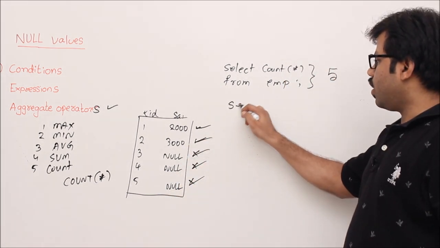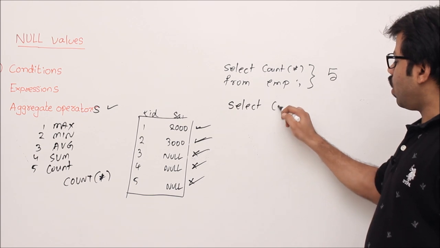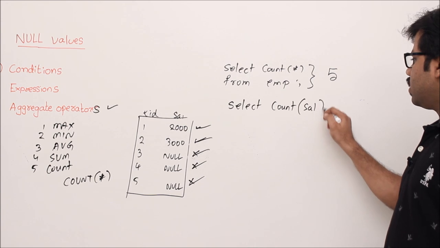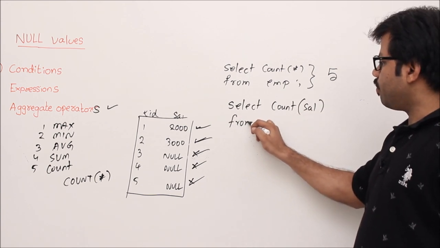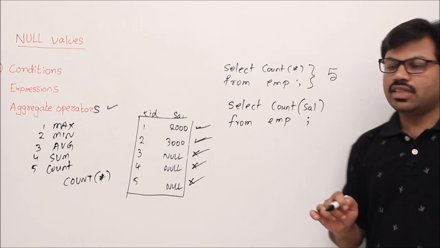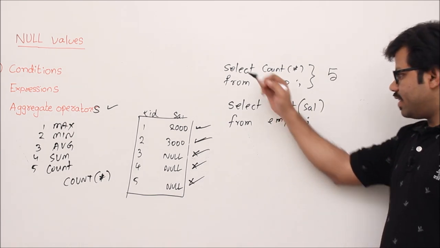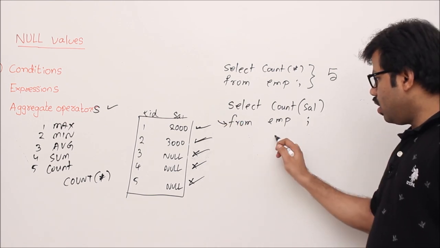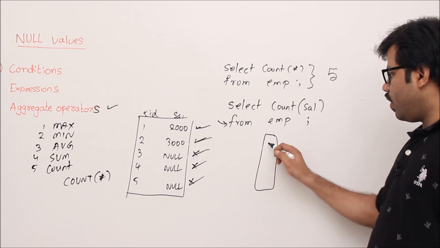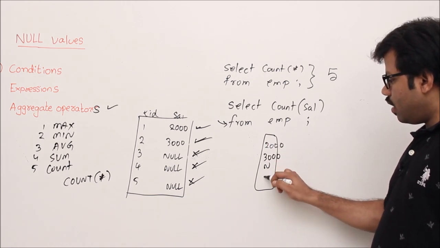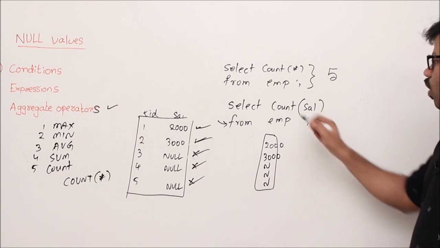Whereas if you write select count of a column, let's say salary, count of salary from EMP, now you might get a different answer. The reason is we are counting the salary field. From the employee table, take the salary field, which contains values like 2000, 3000, null, null, null. Now count them.